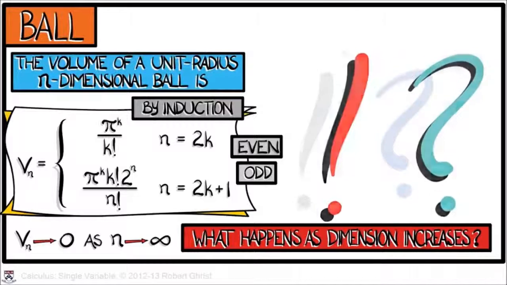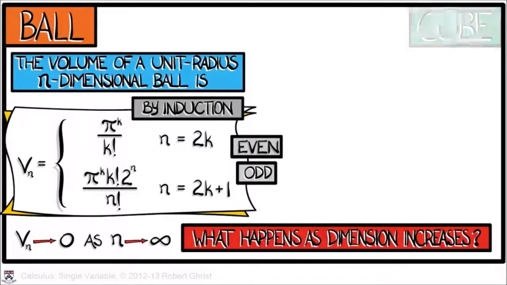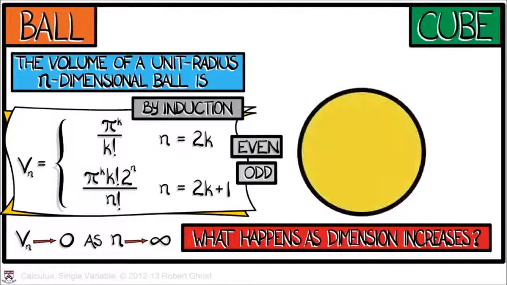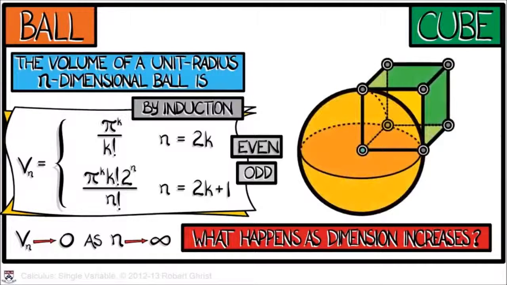What does this mean? Well, let's think in terms of the difference between a ball and a cube in dimension n. Let's say we have them fight. Who wins? Well, in low dimensions, the ball of radius 1 definitely has more volume or area than the cube of side length 1. This is true in 2D. It's even true in 3D.